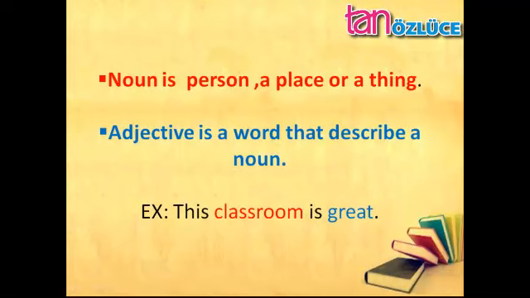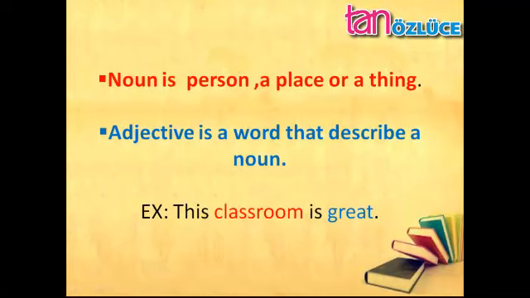If I call your class a great class, great would be the adjective because it describes your class. It describes the noun. There are other examples like I'm hot, I'm tall, I'm rich, I'm poor, and we use these words to describe something, to describe myself, okay?